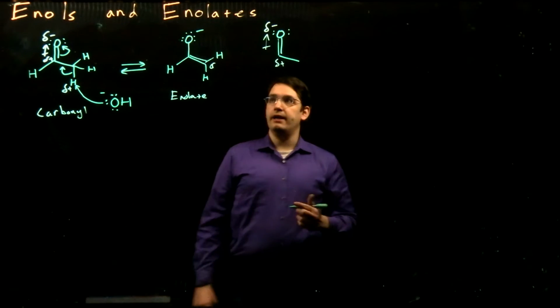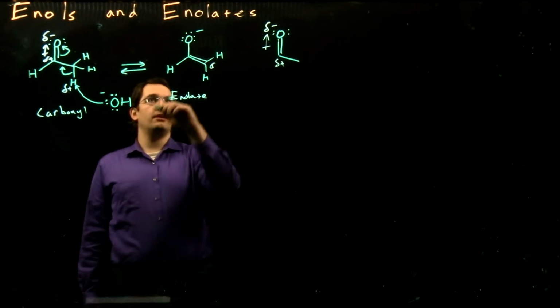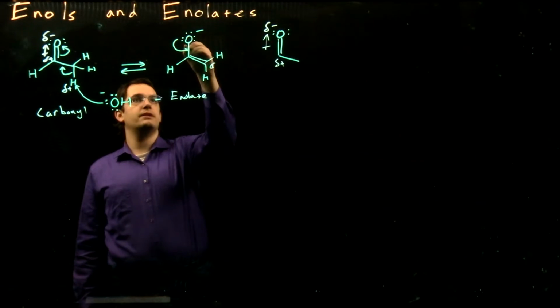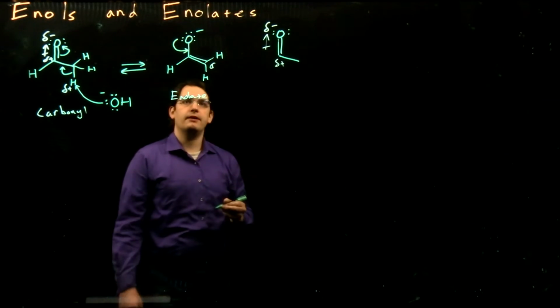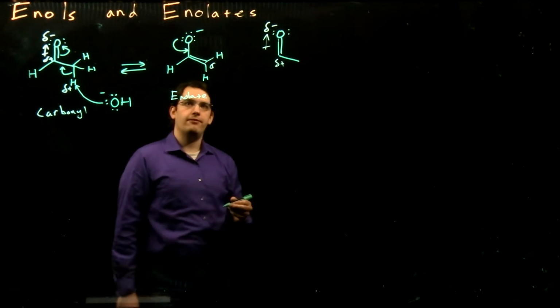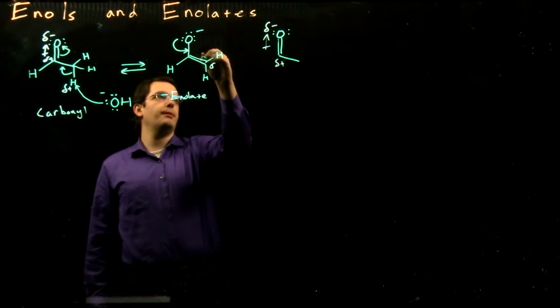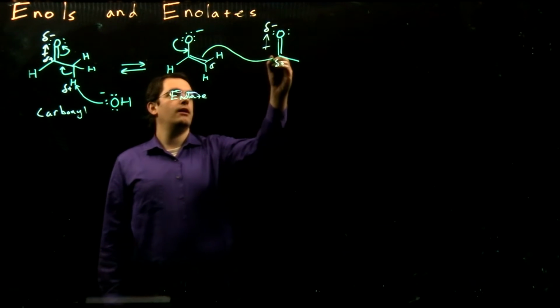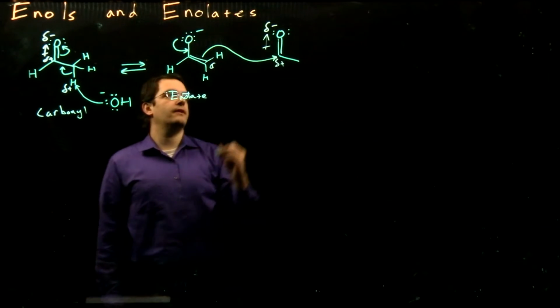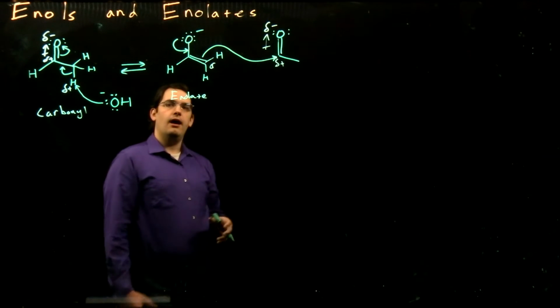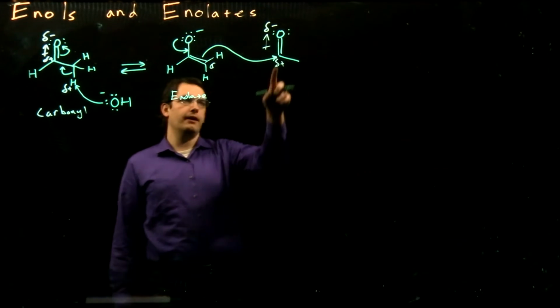So if we take our enolate, here we have a nucleophilic carbon. We just need to move our electrons down from our oxygen to give way for our electrons here of our double bond to attack. And we'll attack this electrophilic site of our carbonyl here.